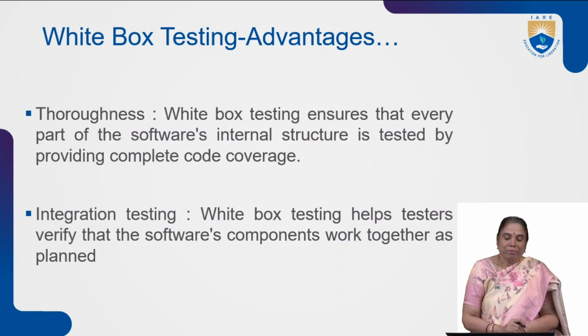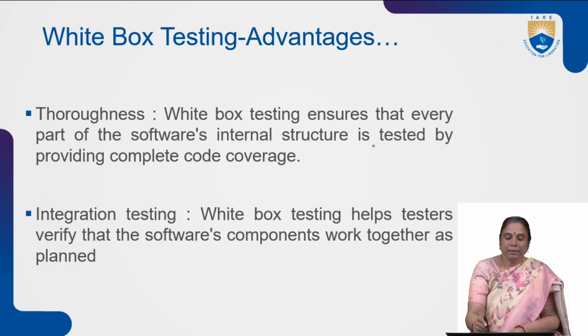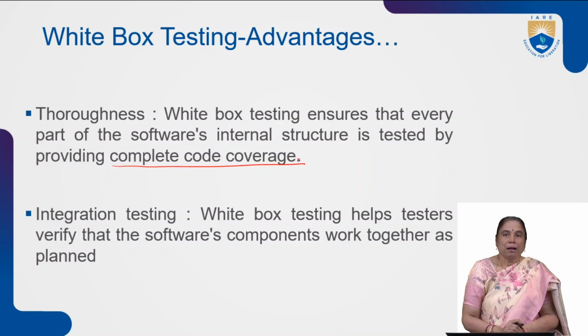Thoroughness is the next advantage. White box testing ensures that every part of the software's internal structure is tested by providing complete code coverage. Complete code coverage is very essential in order to assess the performance of the application.